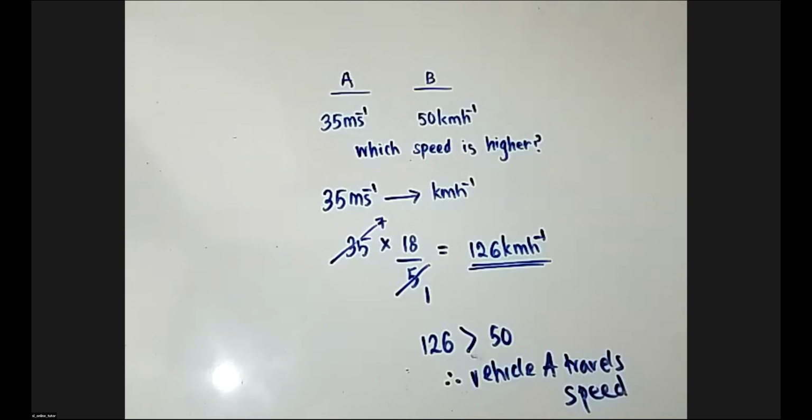Okay. Now write down. Speed of a motorcycle is 36 kilometers per hour, right, in units, okay? 36 kilometers per hour.